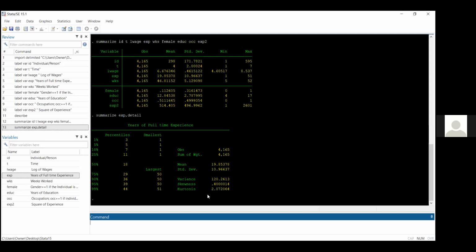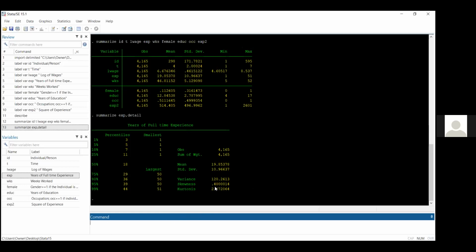If it is positive, we are talking of a long right tail, which means for that particular variable, there are more higher values above the sample average, and vice versa for negative skewness. That's what you observe to tell.